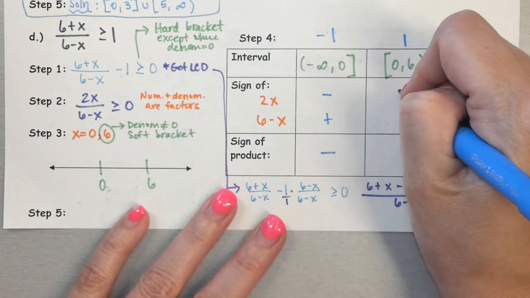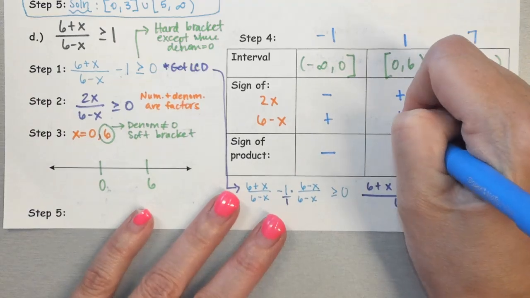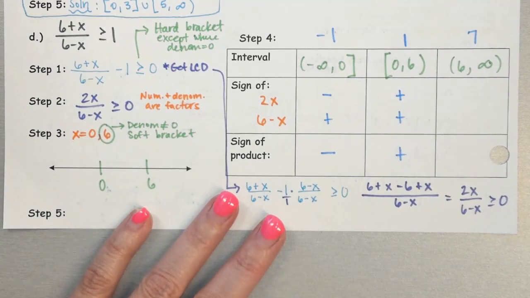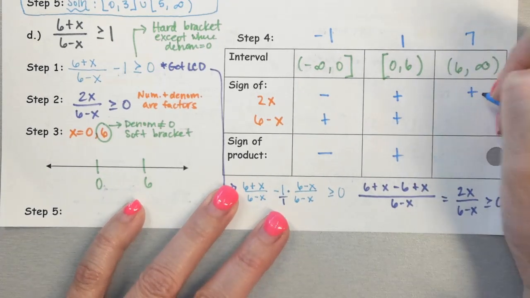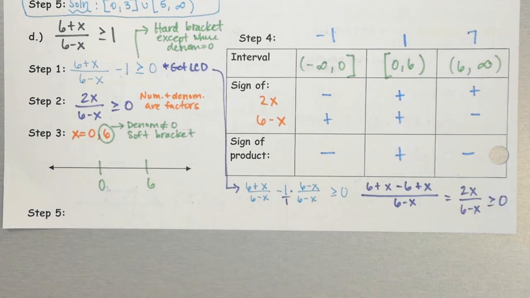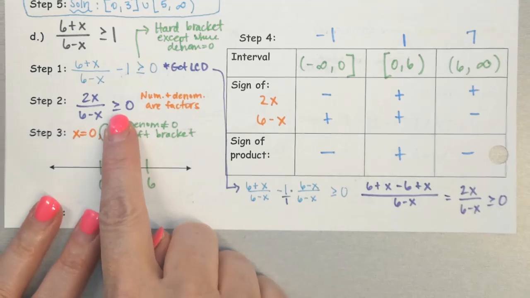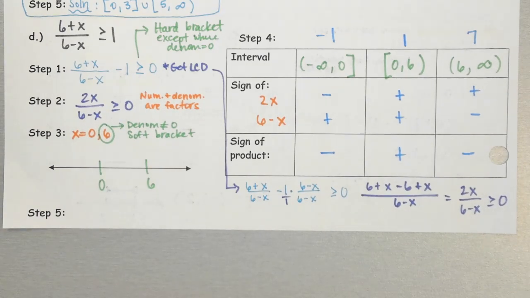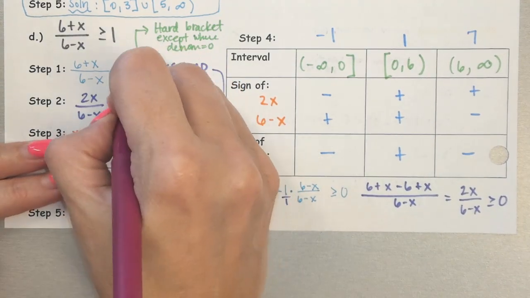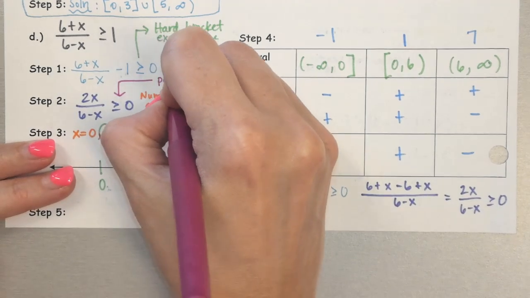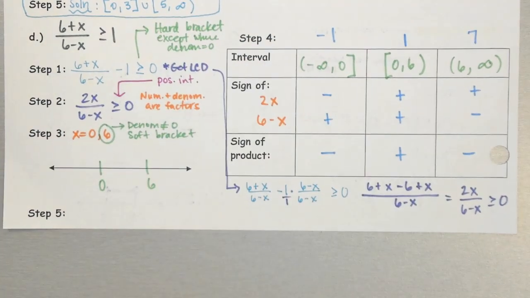When you plug in 1, you get 2 and 5, which are both positive. When you plug in 7, you get a positive and a negative, which will be a negative. Then we have to look to the sign to see if we're using the positive or negative interval. If it's greater than or equal to 0, that means we're going to use the positive interval. That's going to be your solution.